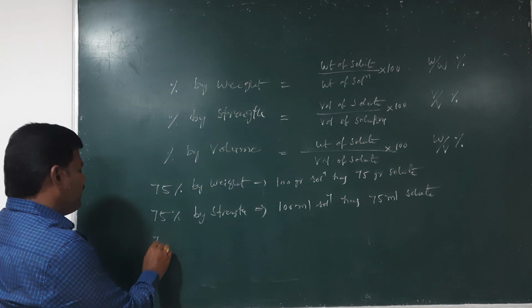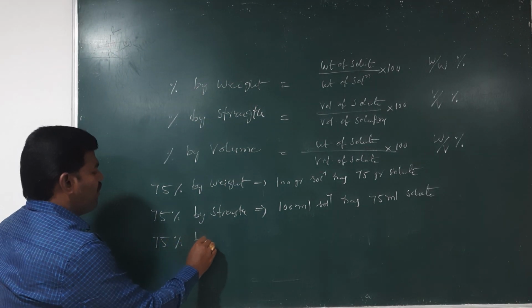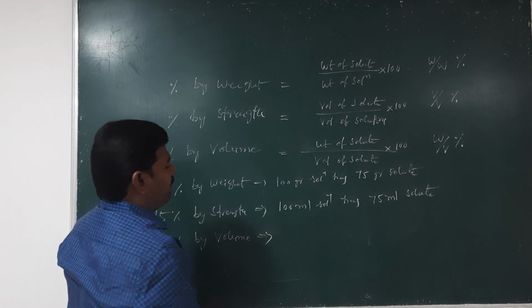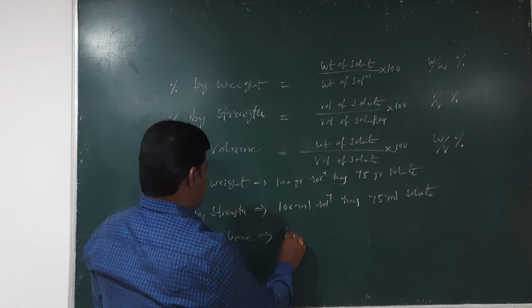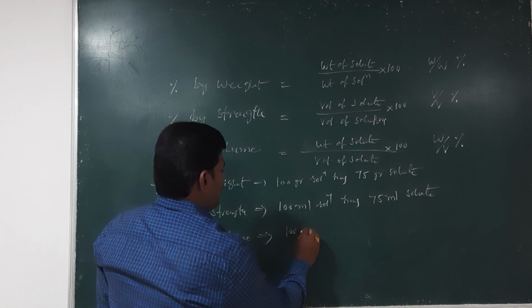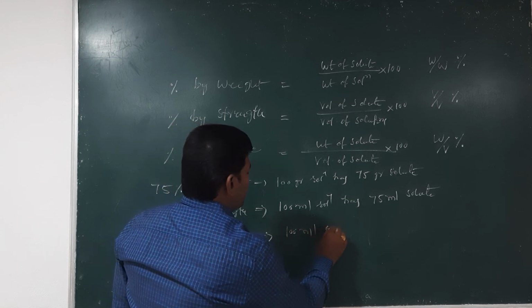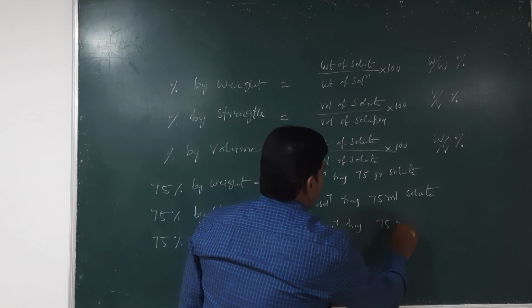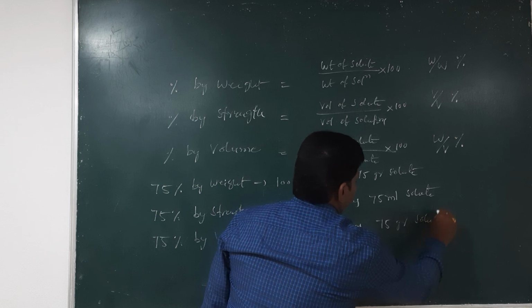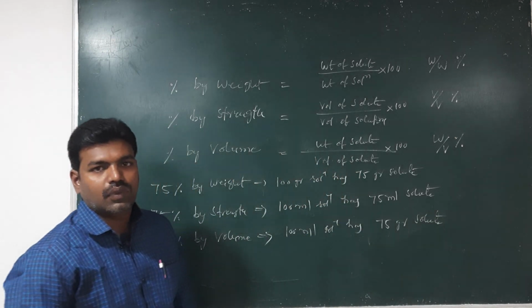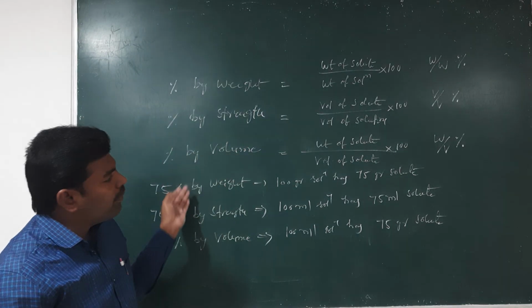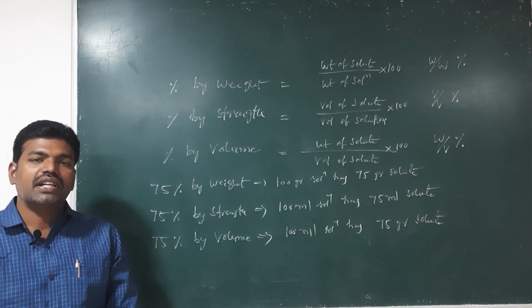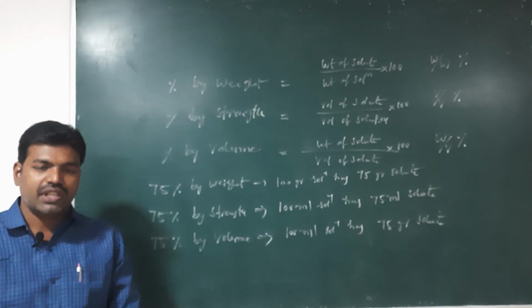And 75% by volume means 100 ml of solution has 75 grams solute. In this way also we can express the concentrations of solutions.